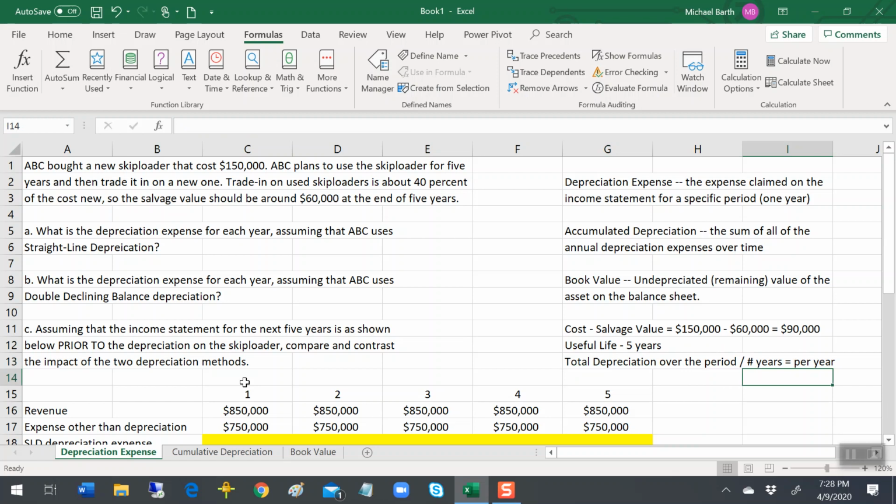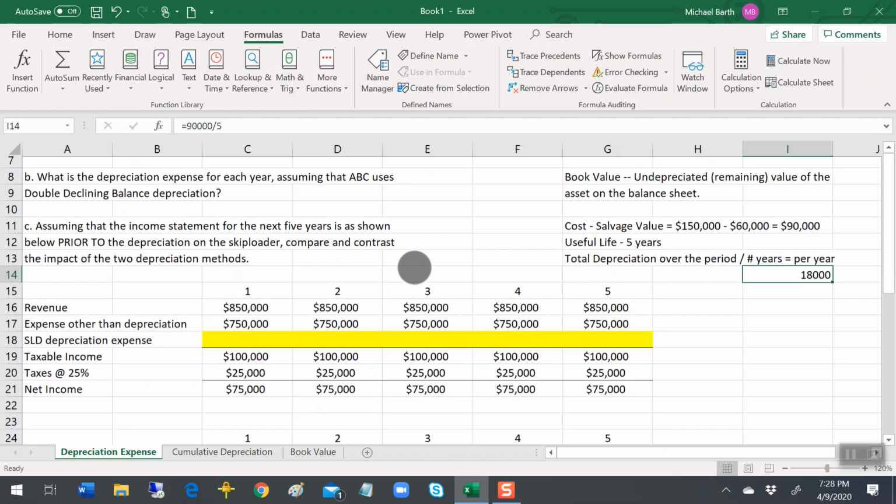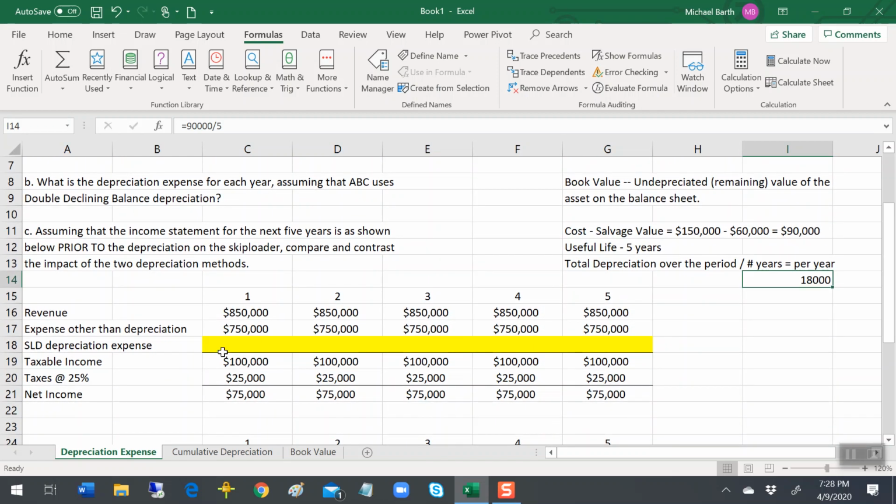Okay, so that'd be $90,000 divided by 5, that'd be $18,000 a year of depreciation expense. And that's what we would report on the income statement as the expense.